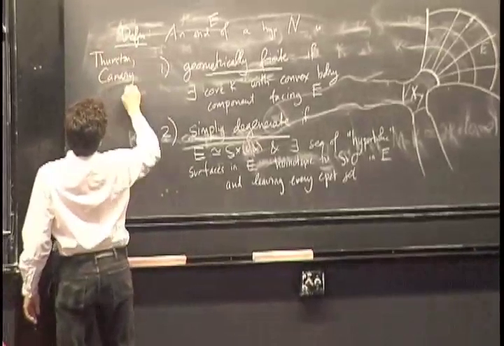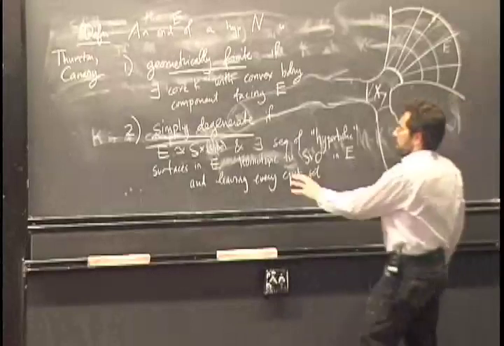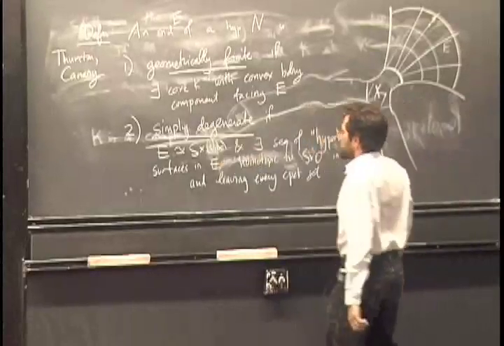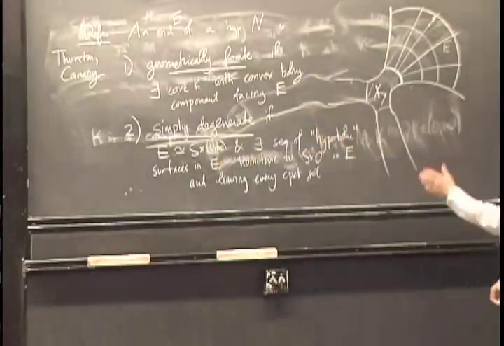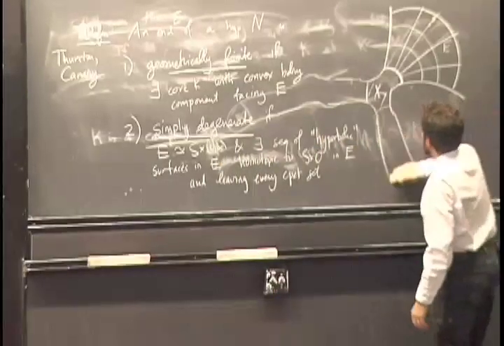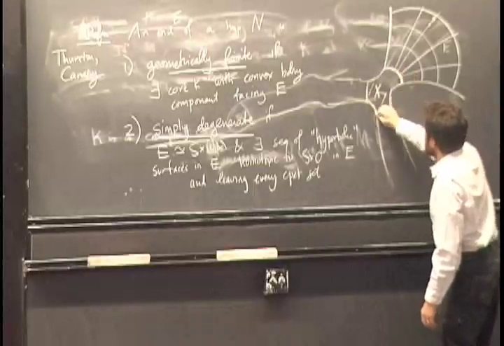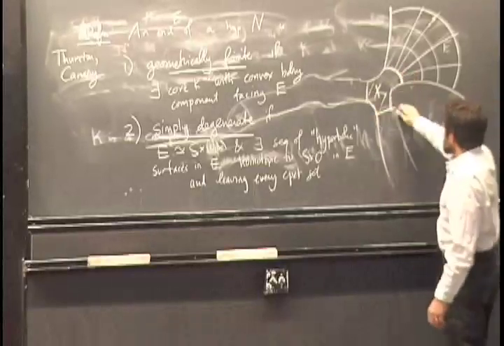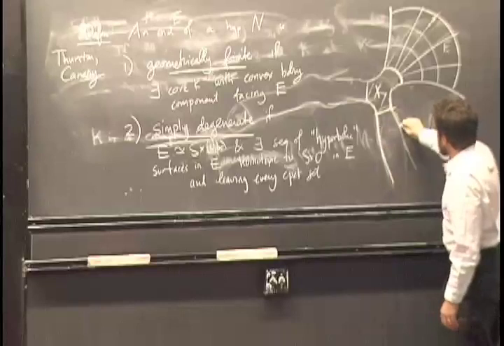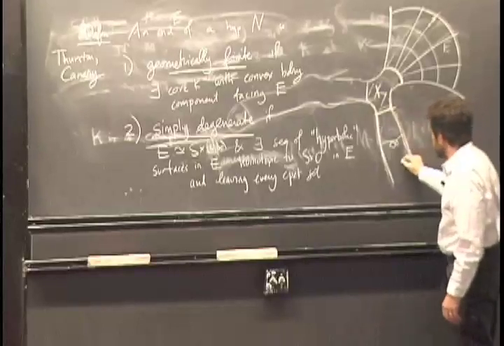Thurston introduced this idea for manifolds with incompressible boundary, and Canary refined it and worked with it for the case of manifolds with compressible boundaries, such as the handlebody. So in this case, this is the picture you're supposed to imagine. There's no convexity of the core. There's just some core. And then, as you go out the end, you can keep finding certain surfaces. I didn't say what a hyperbolic surface is in this case.